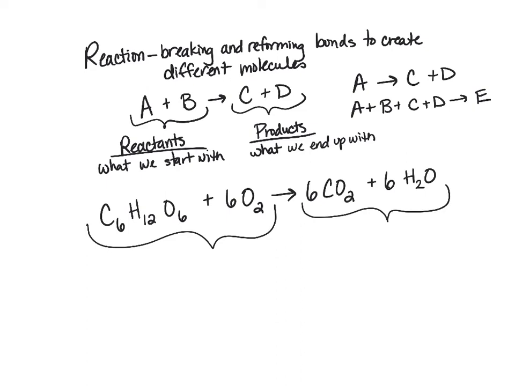And so our reactants are the C6H12O6, which is glucose, and oxygen. And then our products are carbon dioxide and water. So if we react glucose with oxygen, we get carbon dioxide and water.